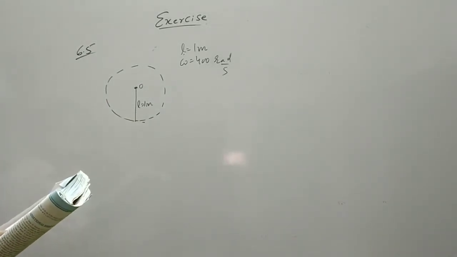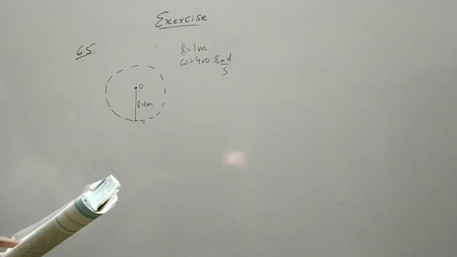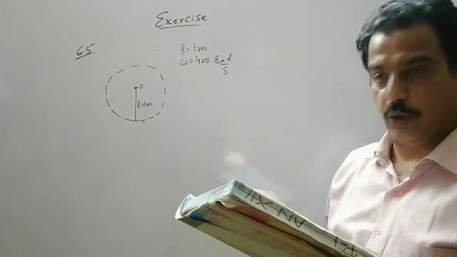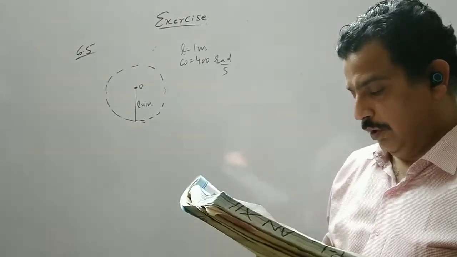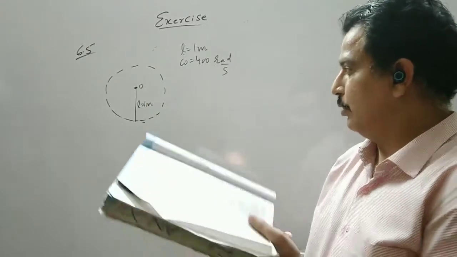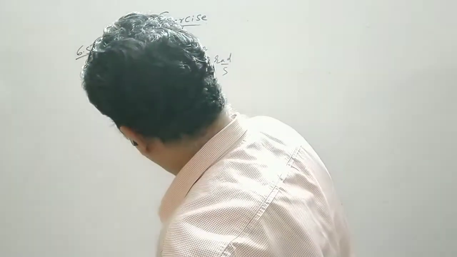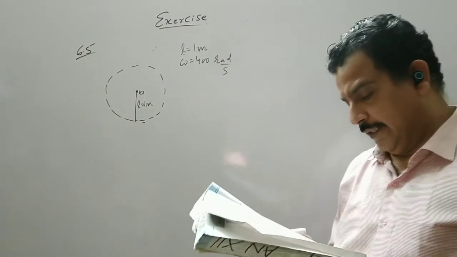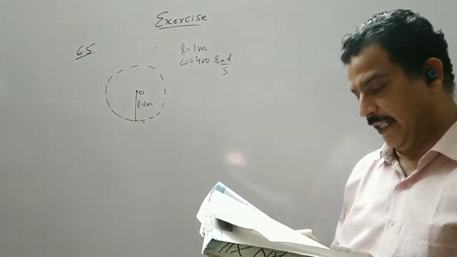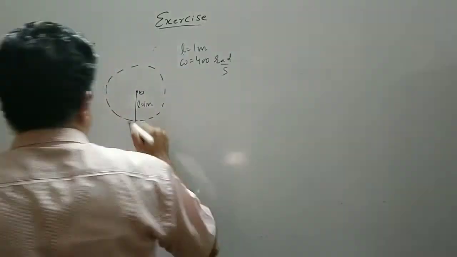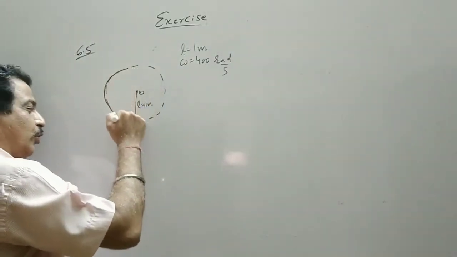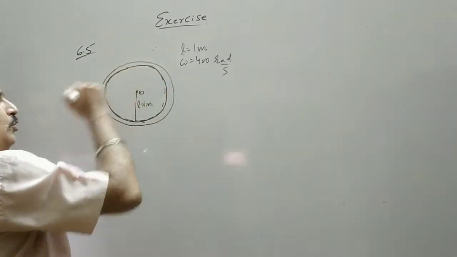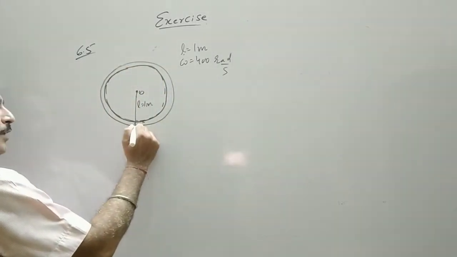A 1 meter metallic rod is rotated with angular frequency of 400 radian per second about an axis normal to the rod, passing through its one end. So this is its one end. The other end of the rod is in contact with a circular metallic ring. Let us assume this is a ring only.